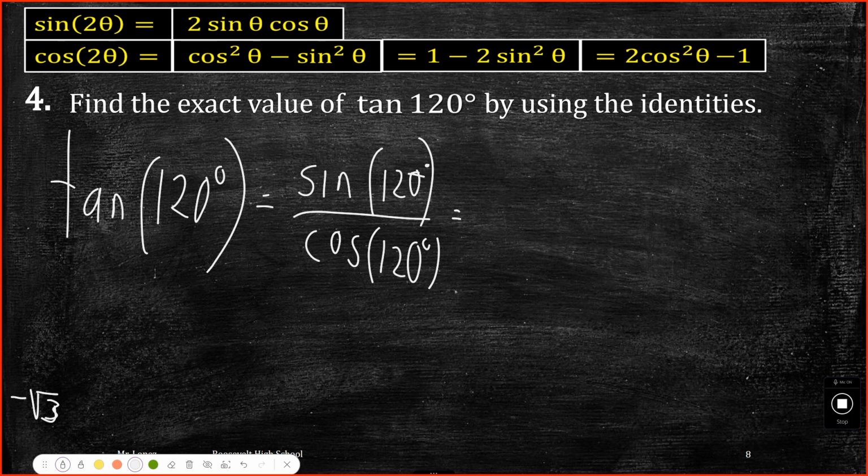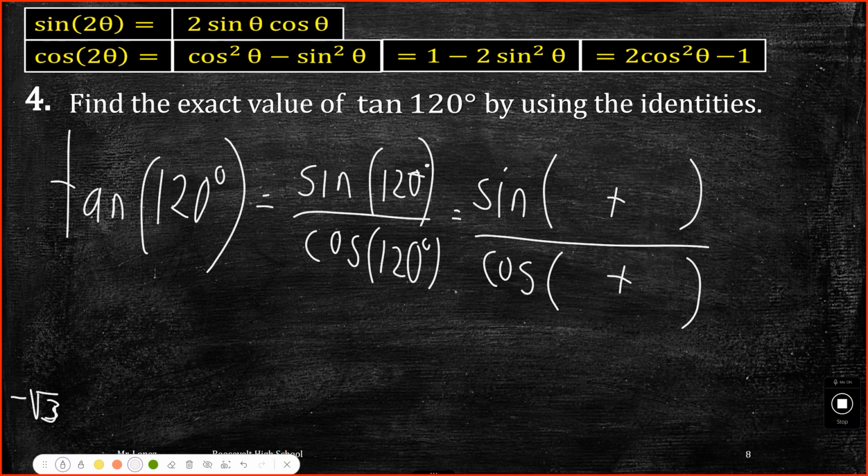So 2 theta, well, we're going to do sine of what plus what? What plus what? This plus this, which are the same, equal 120. What is that?